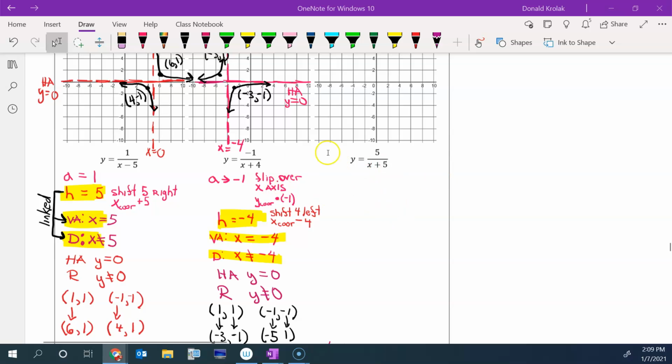All right, there's 2 things happening here now. You got an A that is a 5. So that's going to be a vertical stretch.